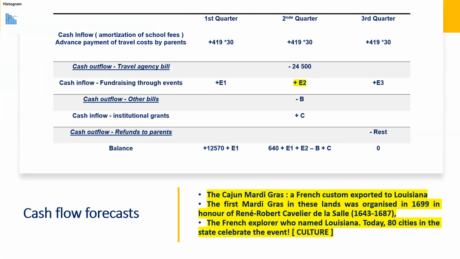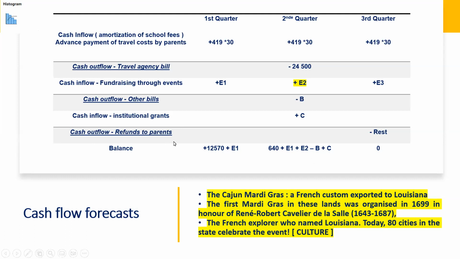So financial resources from parents. And we have also in our cash inflow, institutional grants. So yeah, also the involvement of our students in all the stages of the co-construction and the realization of this project.